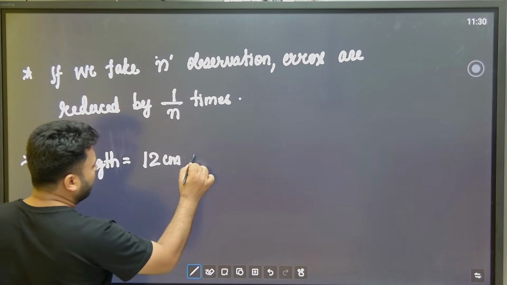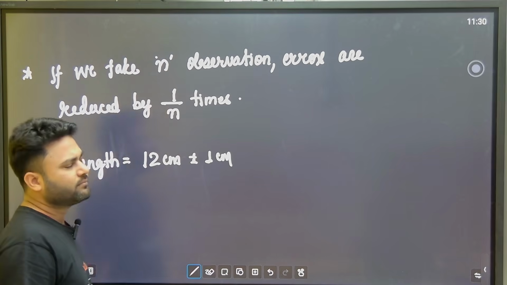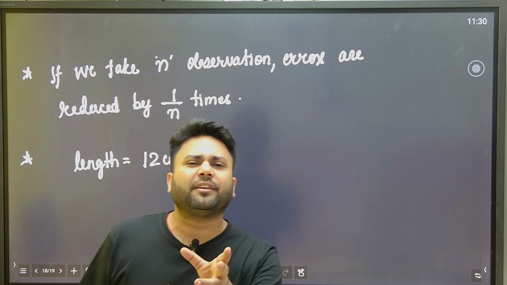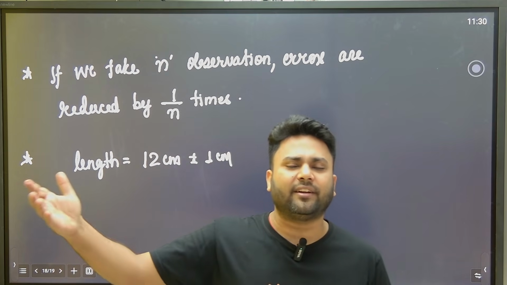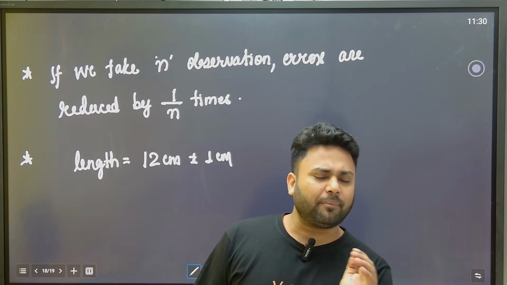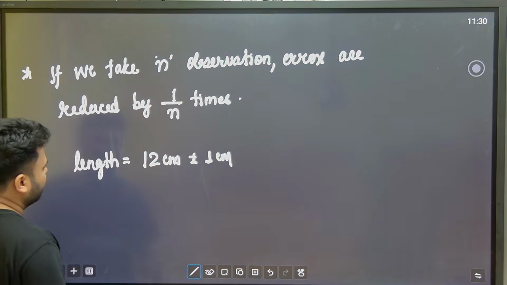So we take, okay, plus minus 1 centimeter. 12 centimeter plus minus 1, it can happen. This means the length will not exceed 13 centimeter and will not be less than 11 centimeter.